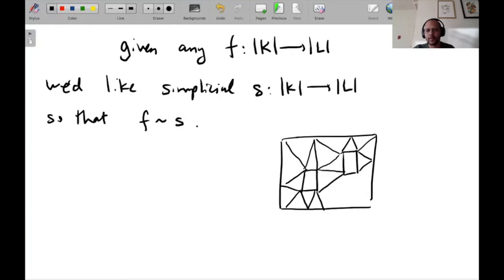Maybe not all of these are filled in, so let me make the two squares holes. So we have this thing which has these holes in it.